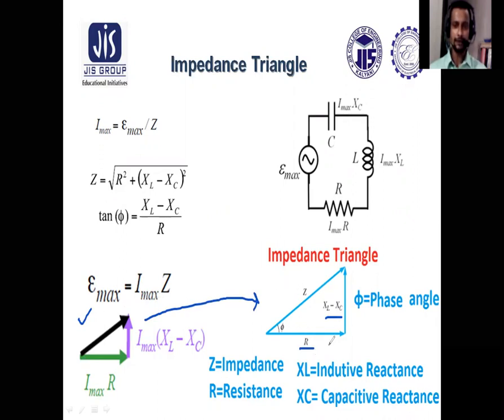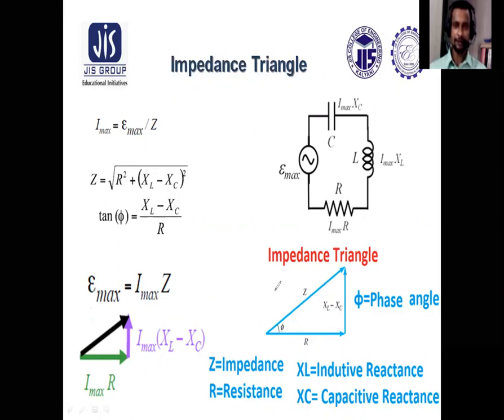R is resistance, XL minus XC is known as the total reactance. Some inductive reactance part and some capacitive reactance part will be cancelled. The resultant will be XL minus XC. And Z is known as impedance, which is the resultant of R and XL minus XC. Okay.